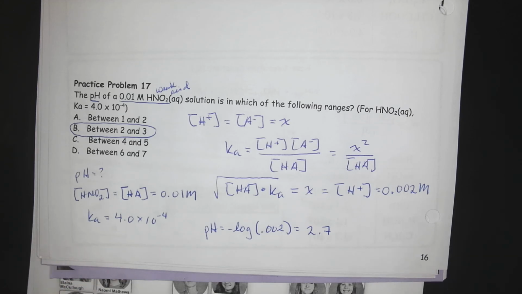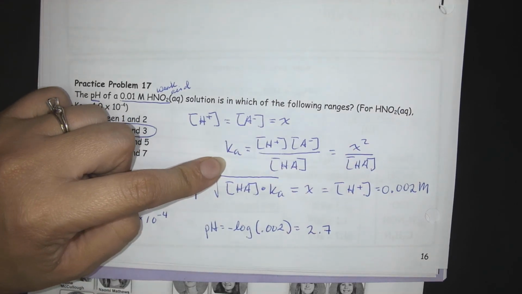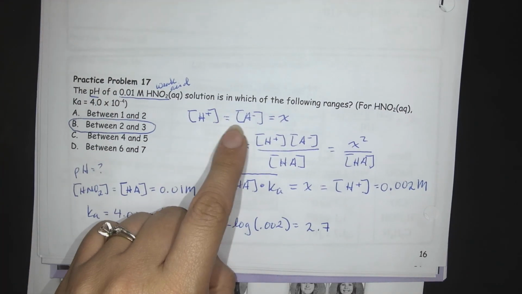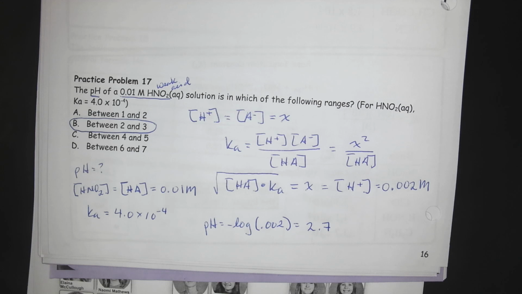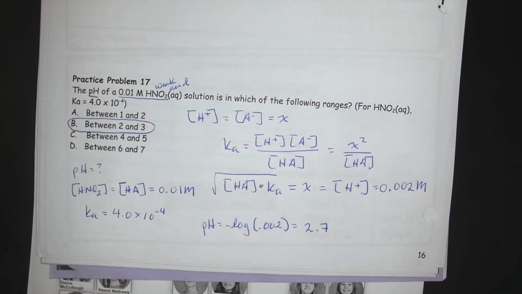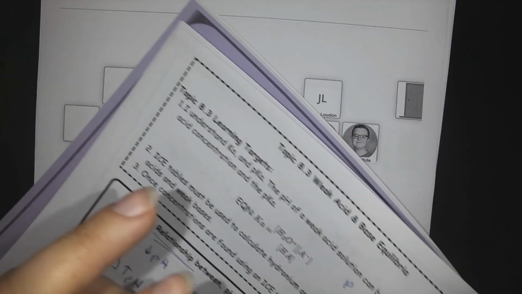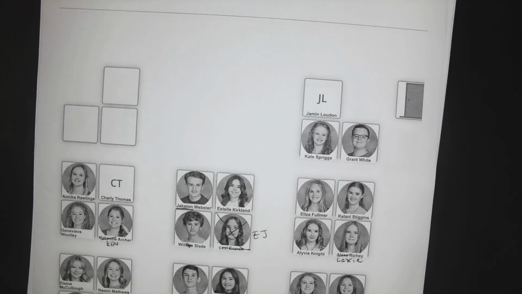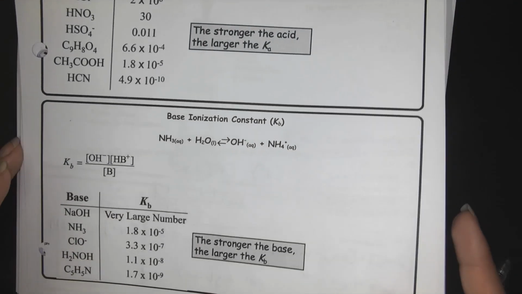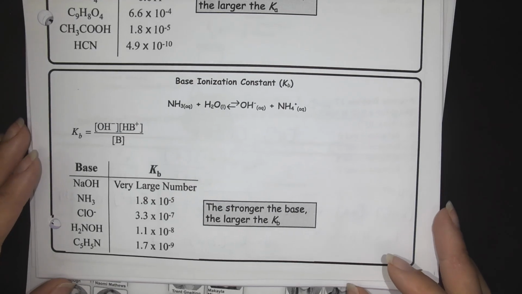I only go through this process, where we take this equation, say the concentrations are equal to each other, and solve for x, to get pH when it's a weak acid or a weak base. But the good news is, guess what? With weak acids and weak bases, the process is incredibly similar.